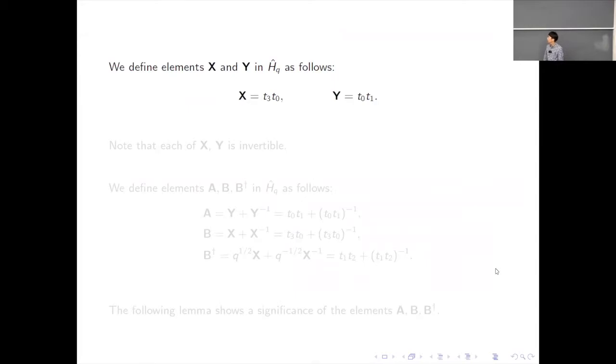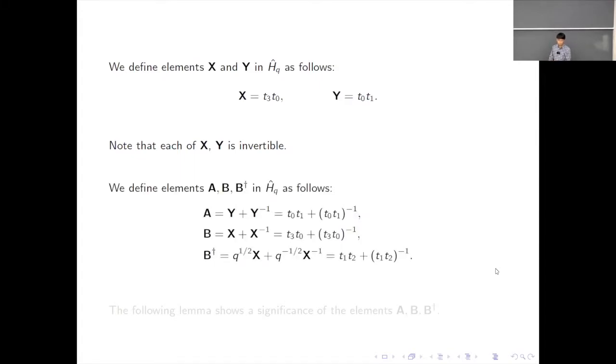Now we define elements x and y in H_q hat as follows. Our x is T3 T0 and y is T0 T1. Because each Ti is invertible, each of x and y is also invertible. Now we define 3 elements, A, B, B dagger in H_q hat.